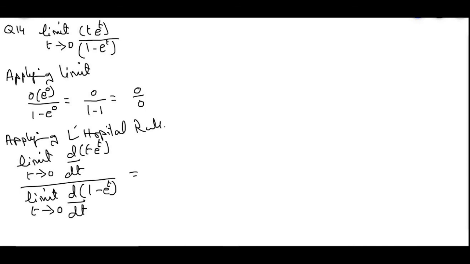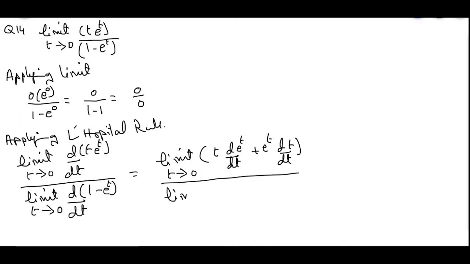So in the numerator we are going to apply the product rule. Limit t approaches to 0, t is the first function, d by dt of e raised to power t, plus e raised to power t and d by dt of t, and here limit t approaches to 0, d of 1 divided by dt minus d of e raised to power t divided by dt.